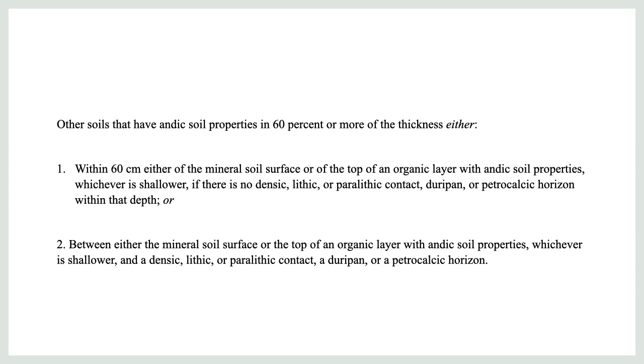We have two options now. The first option is that you need to find these andic soil properties in the first 60 centimeters between the soil surface or the top of an organic layer with andic soil properties, and the densic, lithic, or paralithic contact, a duripan, or a petrocalcic horizon, okay?